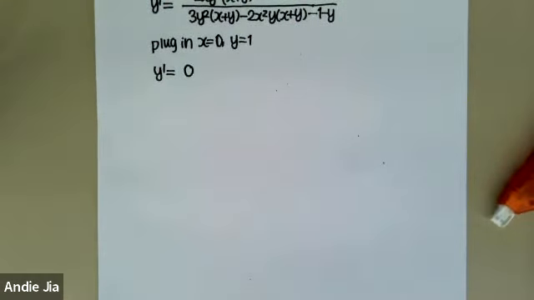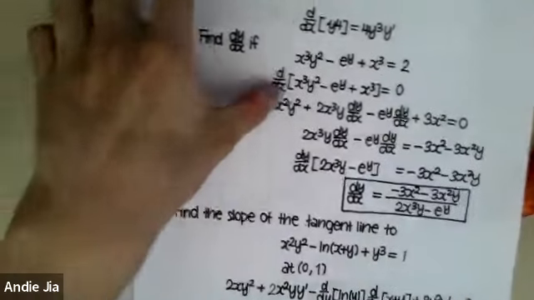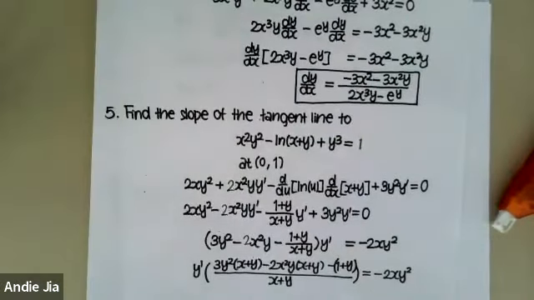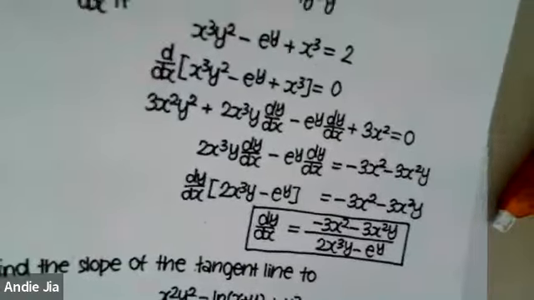So the derivative is 0. That means the tangent line is horizontal. Wow, I solved this long nasty equation, but it's a horizontal tangent line. It's 0. So funny, right?